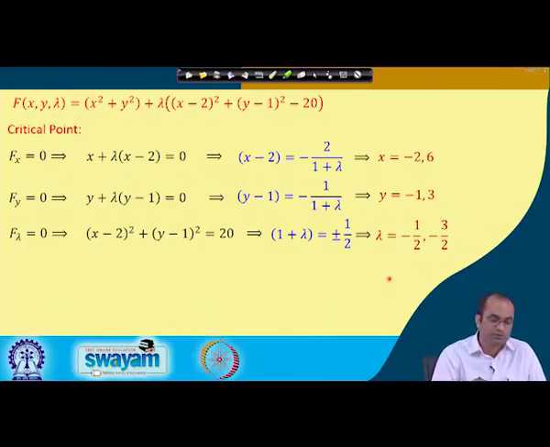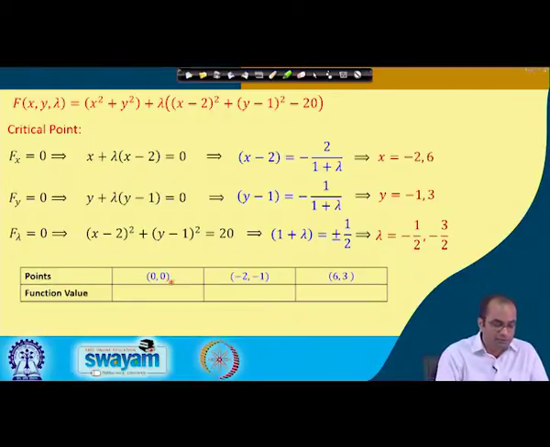So, we have the solution of this problem. So, minus 2, minus 1 and minus 1 by 2 is one point, another one is 6, 3 and minus 3 by 2. So, naturally we will take just the x y points because we want to compute the value of the function at the x y point.